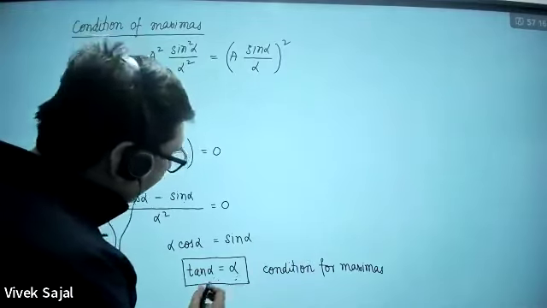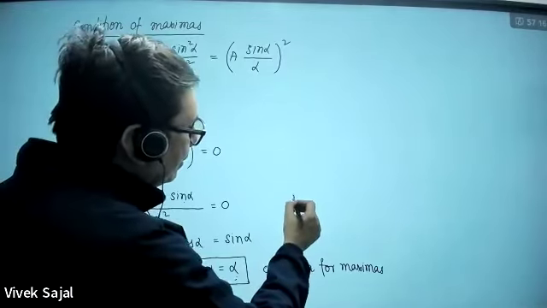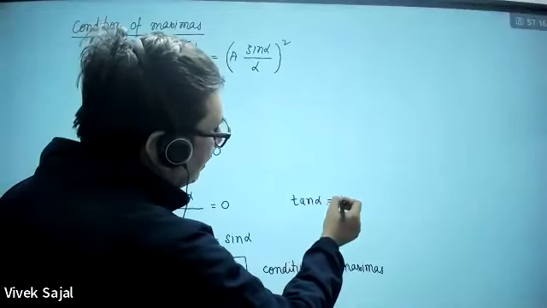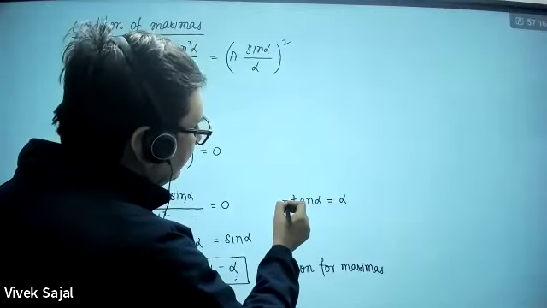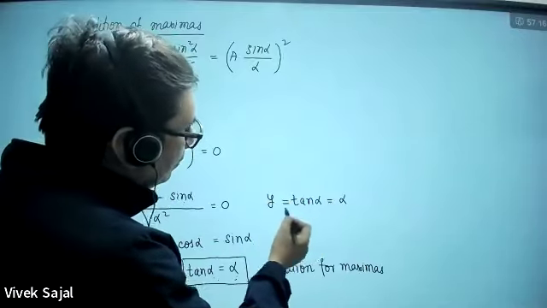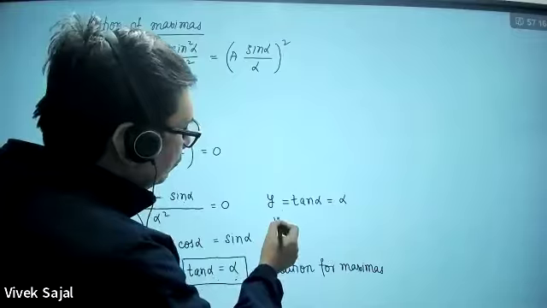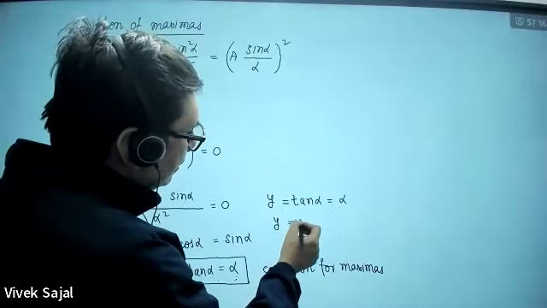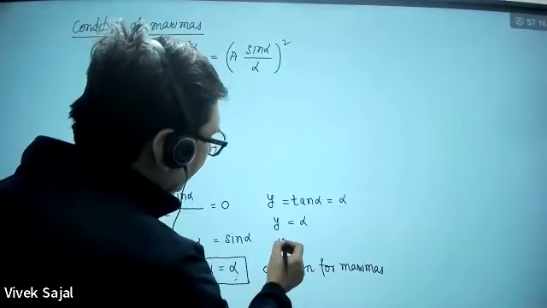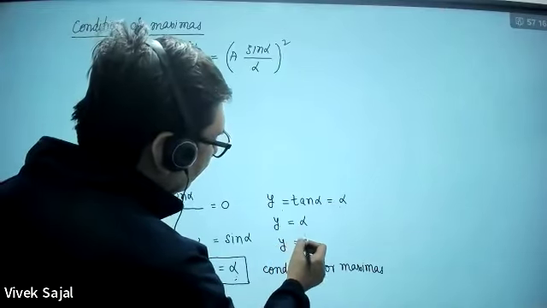For this we use a very simple method. This tan alpha equal to alpha, equate these equal to y. Now this equation can be written in the form of these two equations, y equal to alpha and y equal to tan alpha.